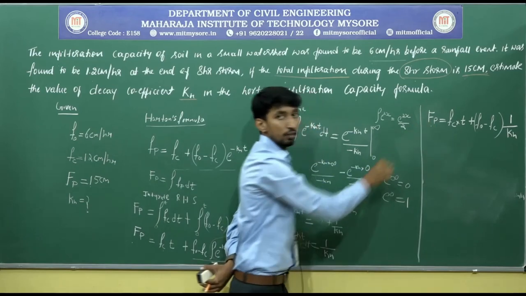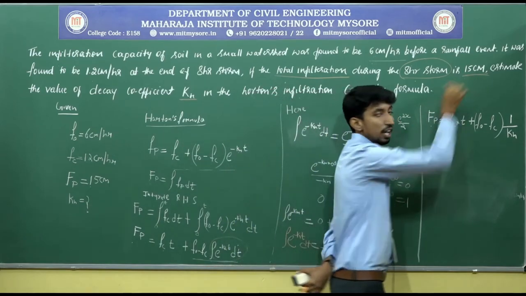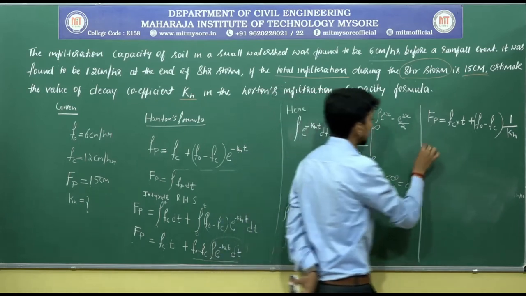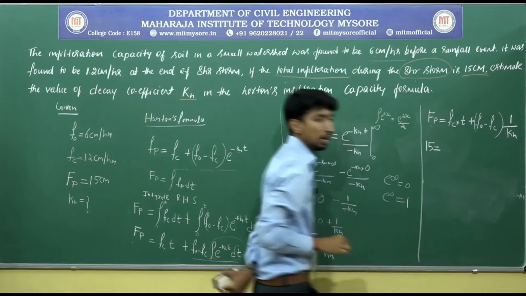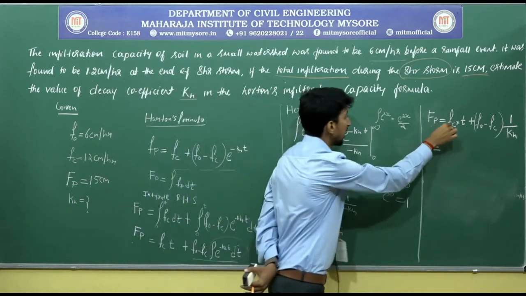Here you know the value of Fp. The value of Fp is given in the question. The total infiltration is 15 centimeter. And in the question he has also mentioned the value of fc.